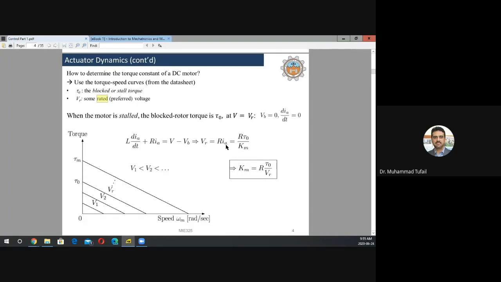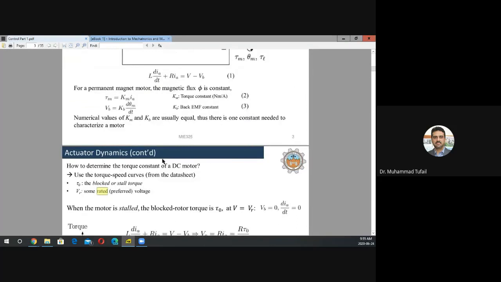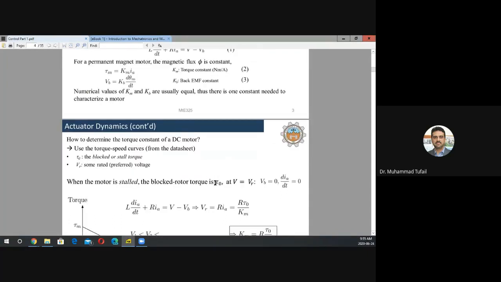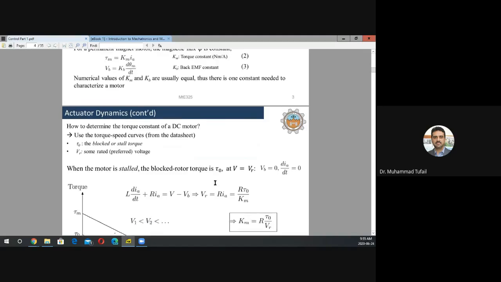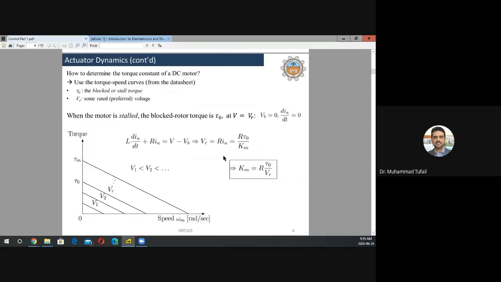And then this IA, we saw this expression which relates the current with the torque. IA is Tm over Km, but this time we'll call the motor torque T0, because it's a special torque at which the speed is 0. So replace IA by T0 over Km.